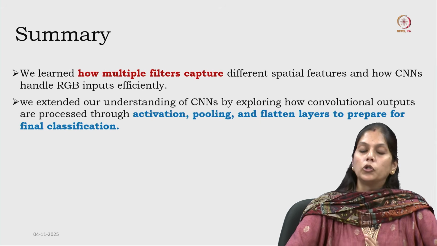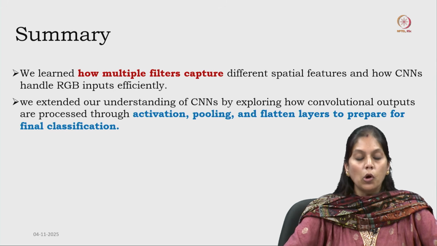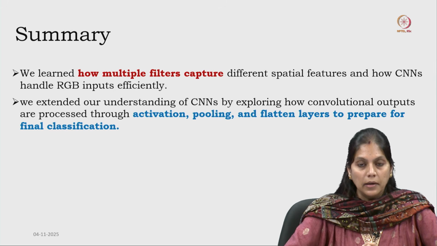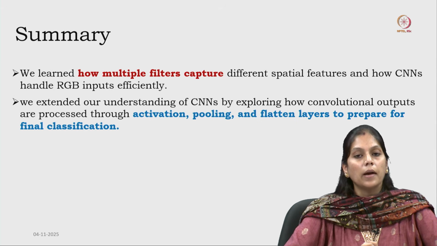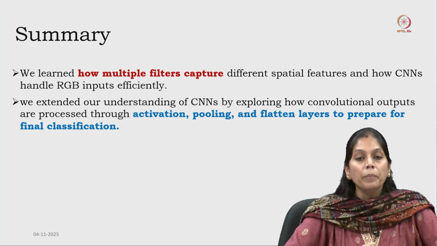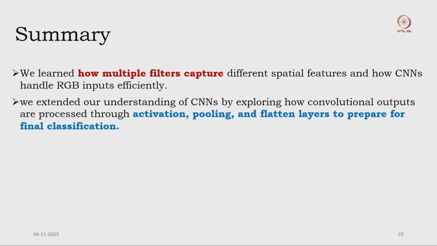Once the convolution was clear, we then explored the other layers of CNN. We have seen ReLU activation, pooling, and a flatten layer, and this is required because once you perform flatten, the last requirement is that it has to classify. So, for classification we are preparing our data. So, this is the summary.